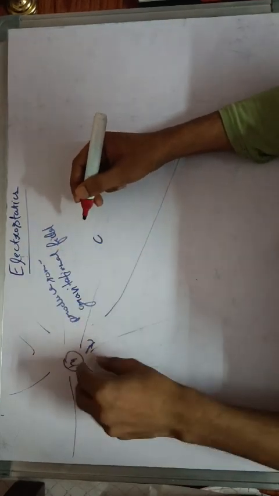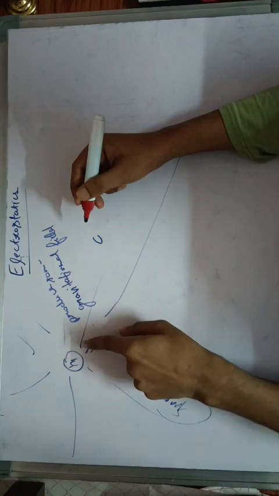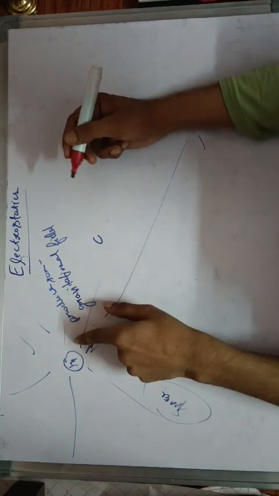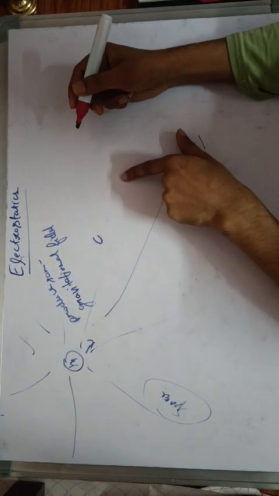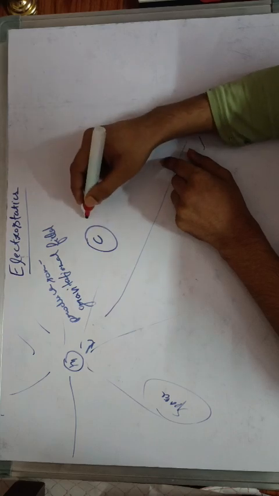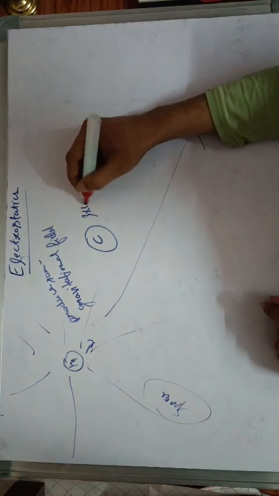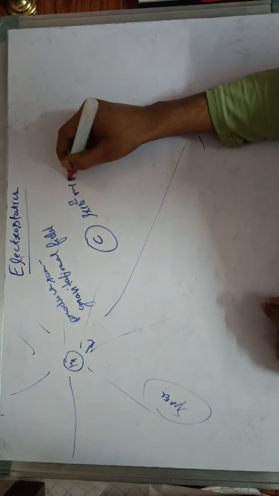This gravitational field which is released from the mass travels at the speed of light, c, which is 3 into 10 to power 8 meter per second approximately.